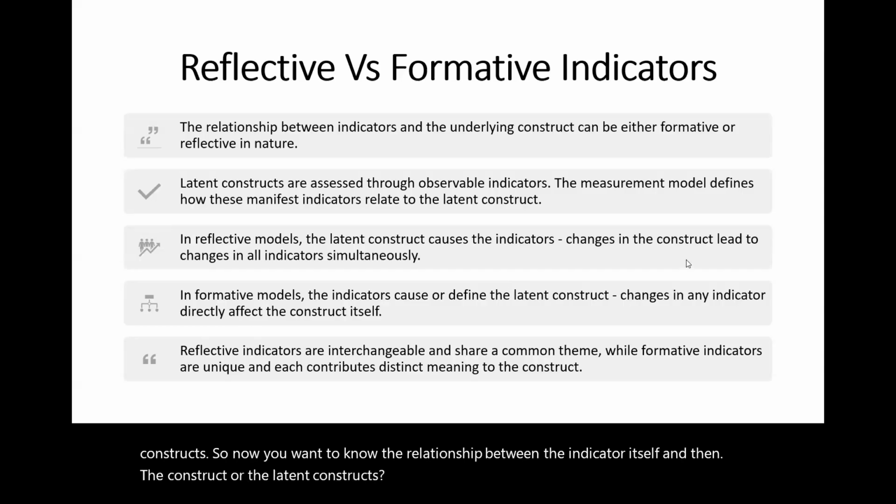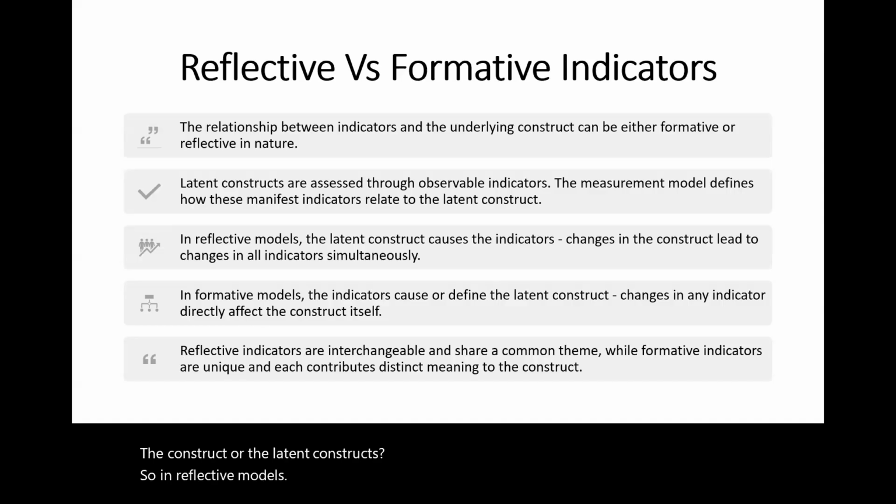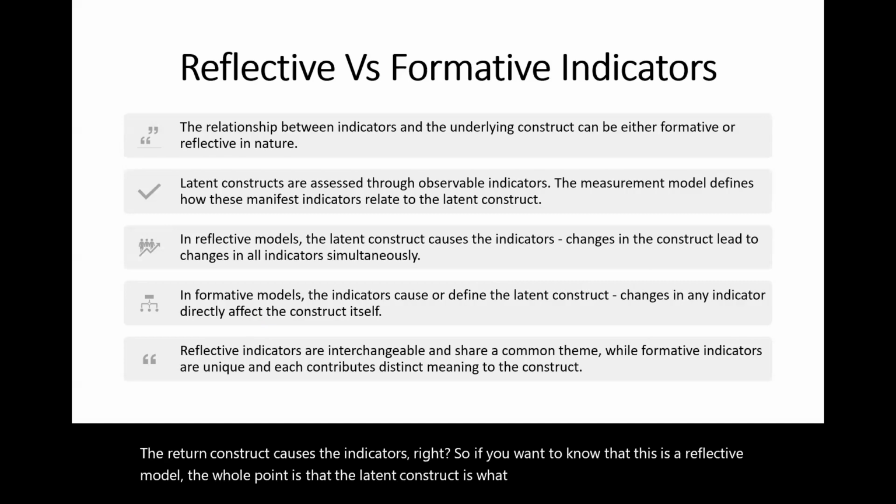So in reflective models, the latent construct causes the indicators, right? So if you want to know that this is a reflective model, the whole point is that the latent construct is what is causing the indicators, right? It's what reflects the indicators.